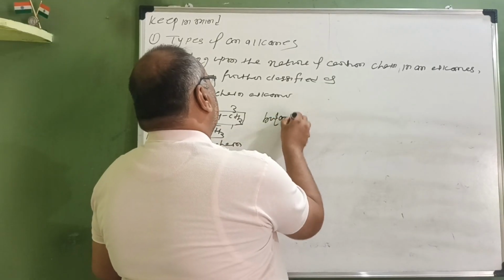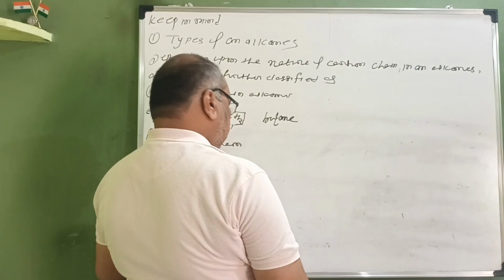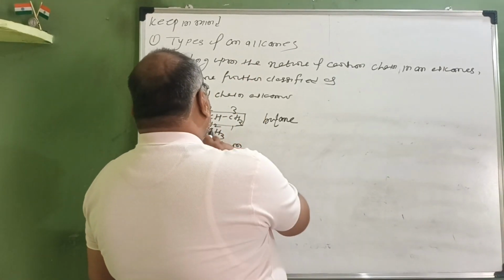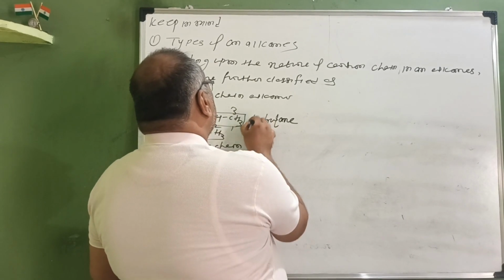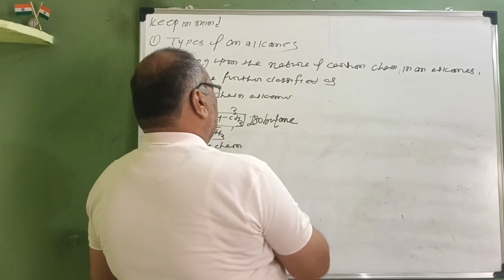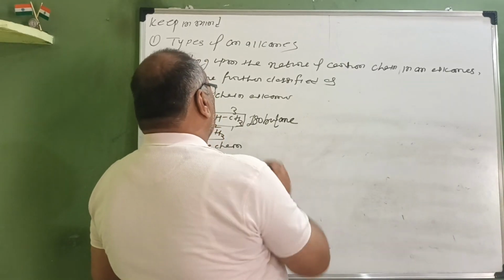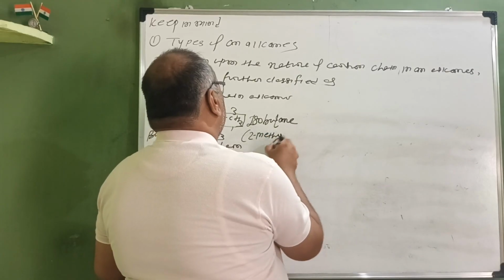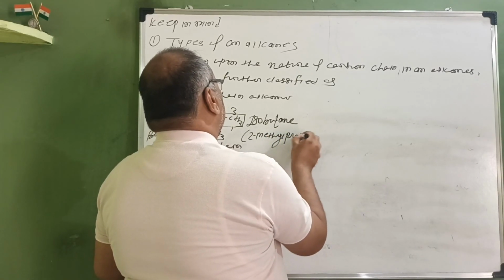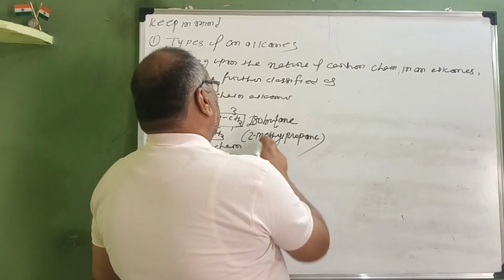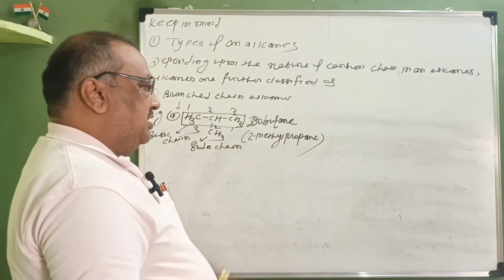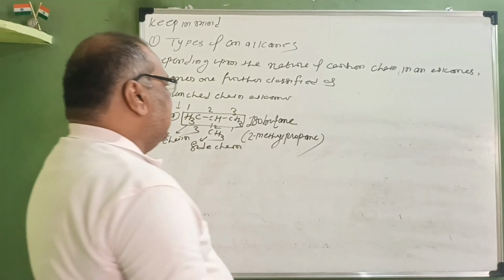Due to presence of carbon-carbon single bond, primary suffix is ane, and here one of the carbon atoms is attached to the second carbon, so use the prefix iso, that is 2-methyl propane.